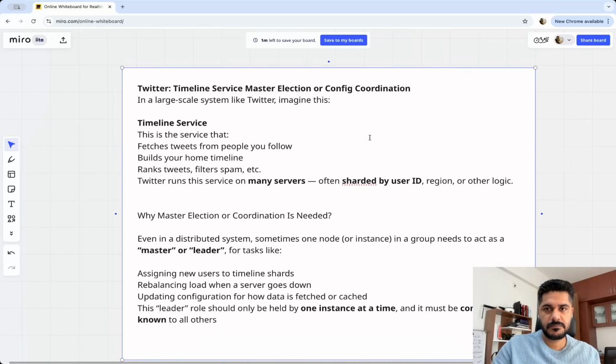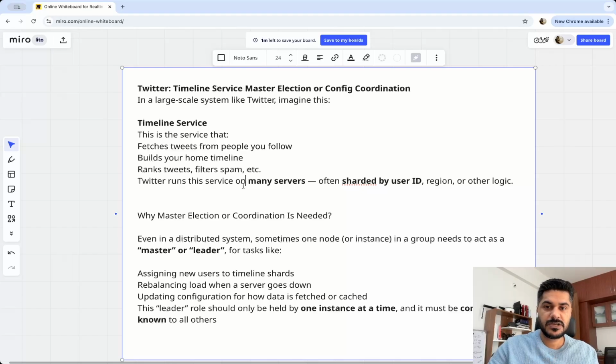Think of Twitter, for example, right? In a system like Twitter, there is a timeline service, which normally fetches tweets of all the people you follow, builds your home timeline and then does ranking and all those things on it.